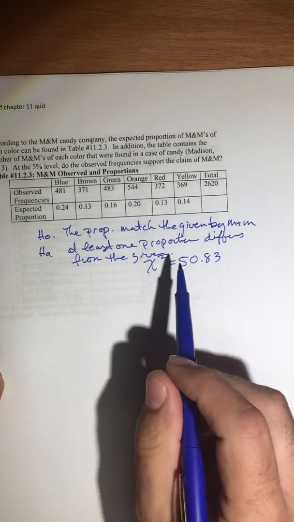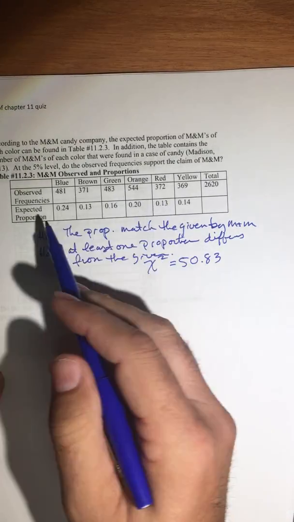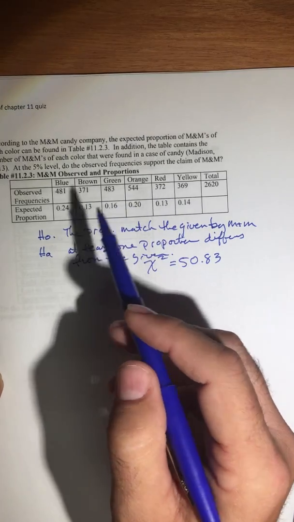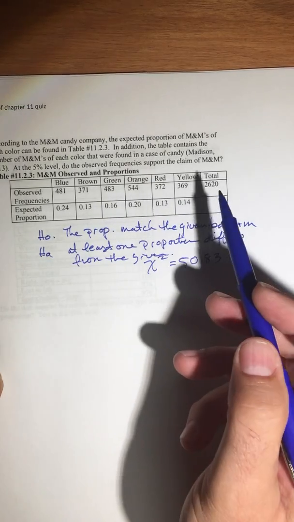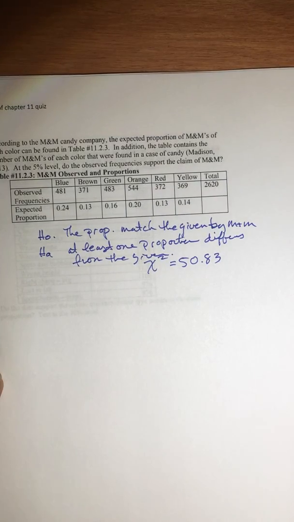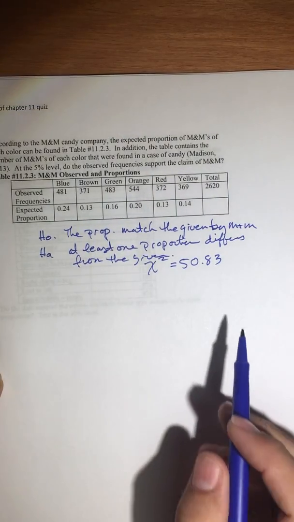All right, so again, we have to have an independent simple random sample, and no more than 20% of our expected counts can be less than 5, and obviously our expected counts were very large, so our sample size is plenty big.